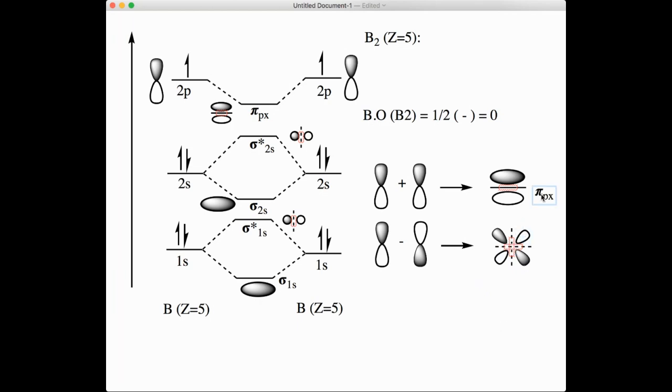Okay, and that would be a pi antibonding molecular orbital.